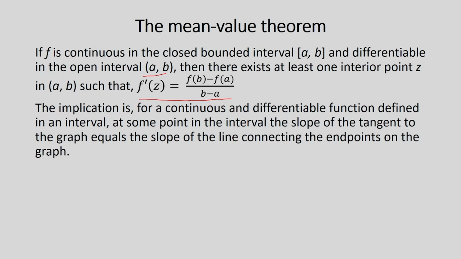What is the implication of this? The implication is, for a continuous and differentiable function defined over an interval, at some point in the interval, the slope of the tangent to the graph. So, this is that point z, the slope of the tangent to the graph is f dash z, equals the slope of the line connecting the endpoints on the graph. So, this is the slope of the line connecting the endpoints on the graph.